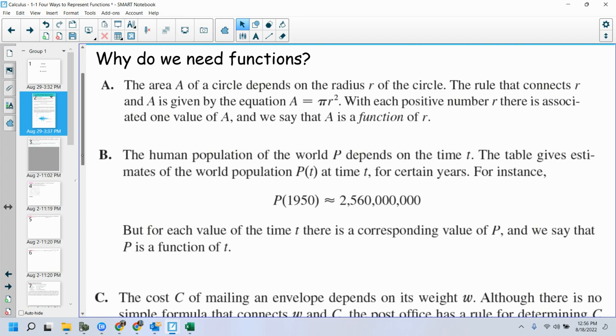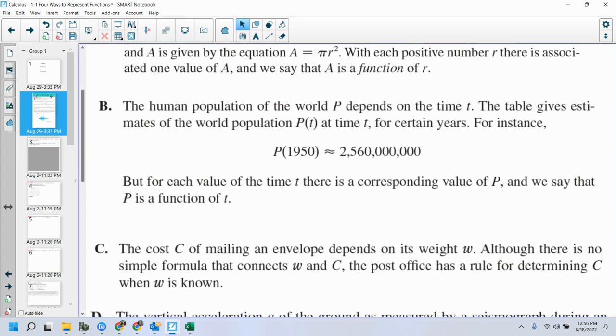Human population of the world, P, depends on the time. The table was in the book, but this is a function. This is that function notation, where we have some function P, and T is time in this situation.